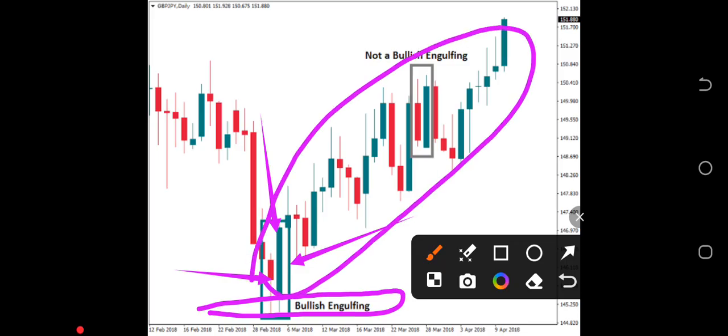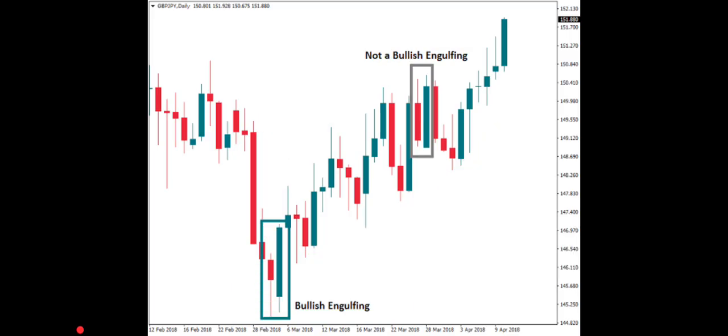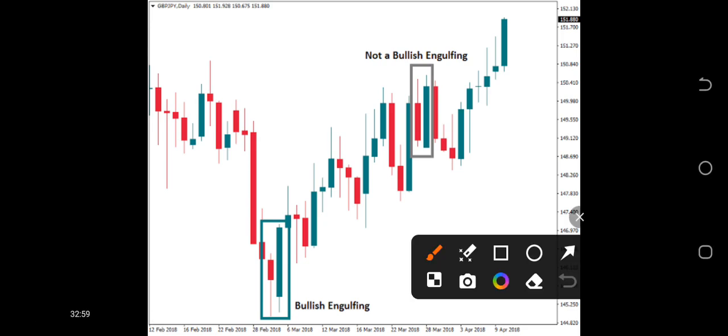Now in this scenario, this candle is a bullish candle, a strong candle. It engulfs the previous bearish candle. But we cannot call this a bullish engulfing. Why?